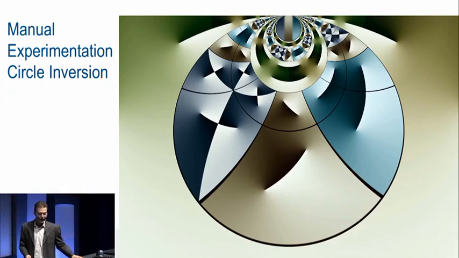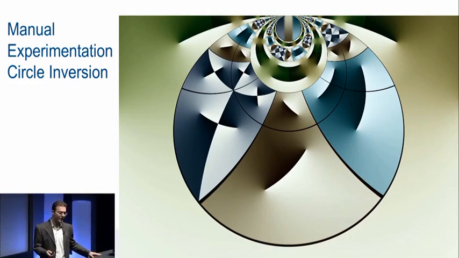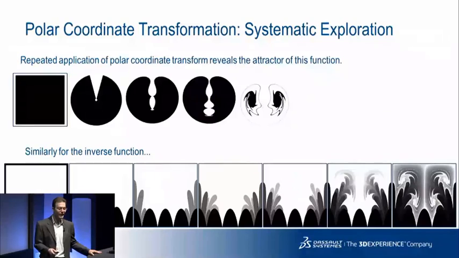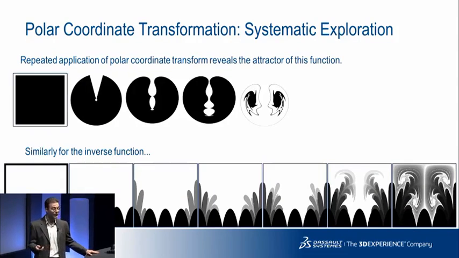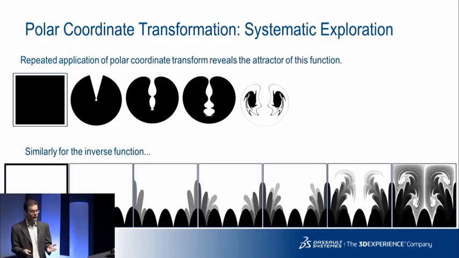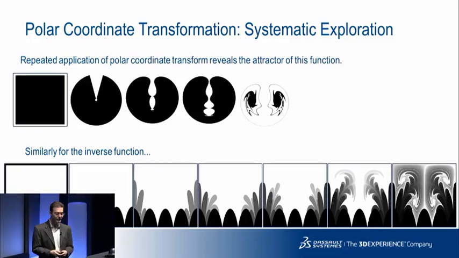But the computer scientist part of me wanted to do a more systematic exploration of what are the possibilities of this kind of geometric operation, right? So for example, if you take something as simple as a black square with a white border, and you repeatedly apply the polar coordinate transformation to that shape, what you get ultimately in the limit of this operation is the attractor of this function, right?